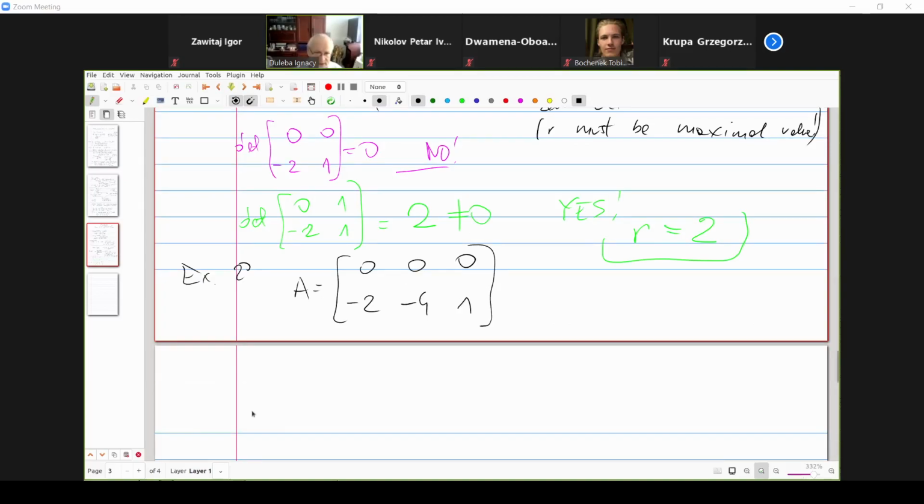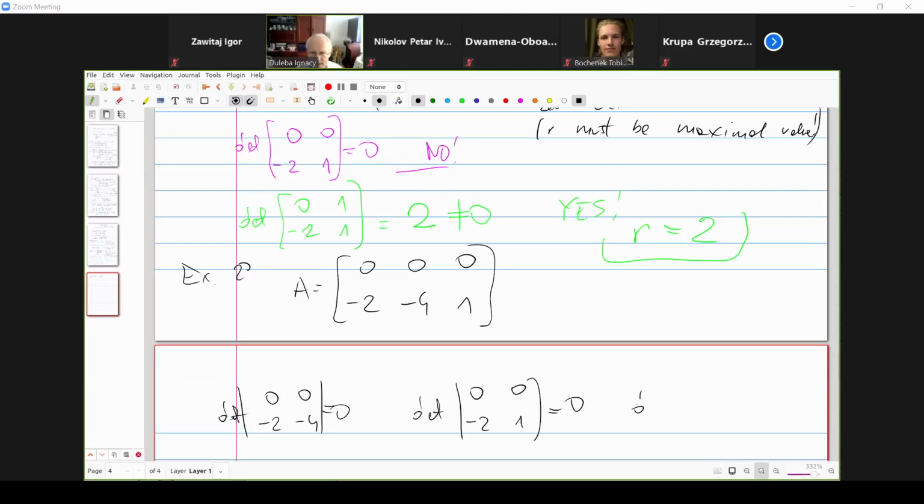So as you can see, we need to check all the possible 2 by 2 submatrices. So 0, -2, 0, -4: the determinant is equal to 0. The determinant of 0, -2, 0, 1 is also 0, and the determinant of 0, -4, 0, 1 is also equal to 0.